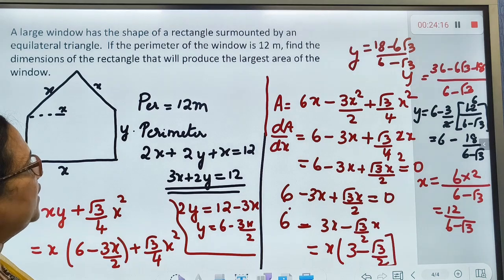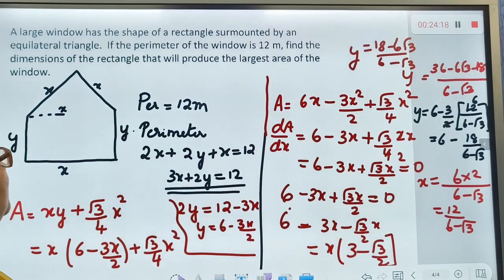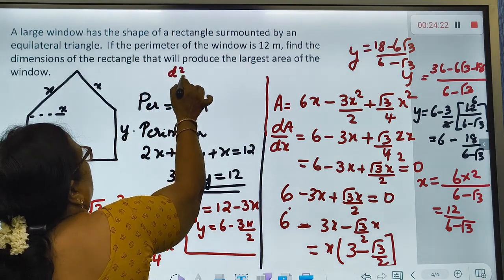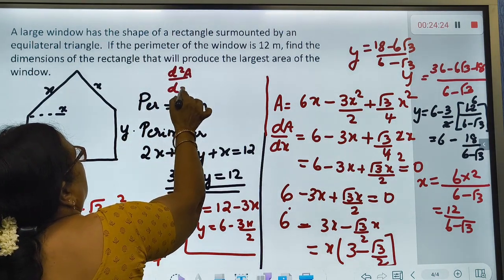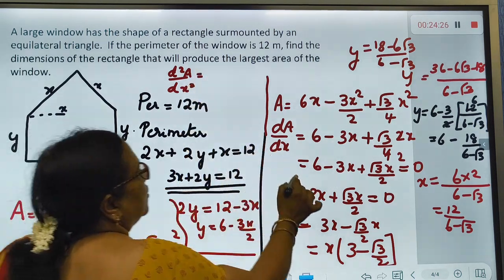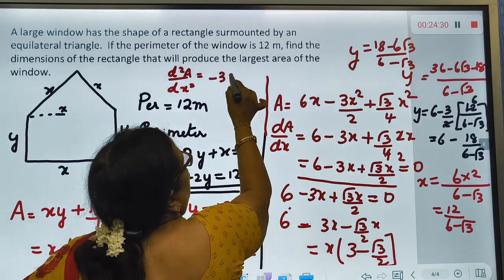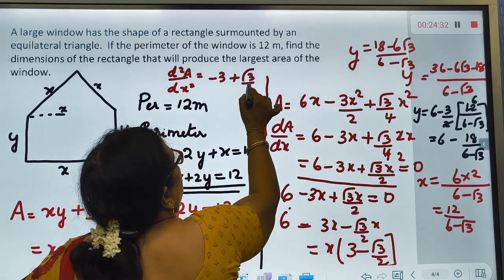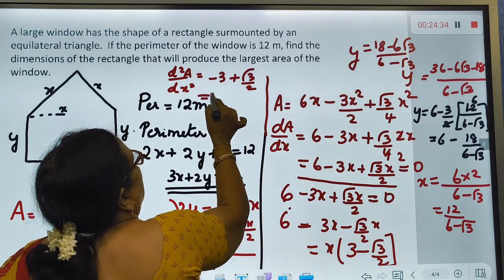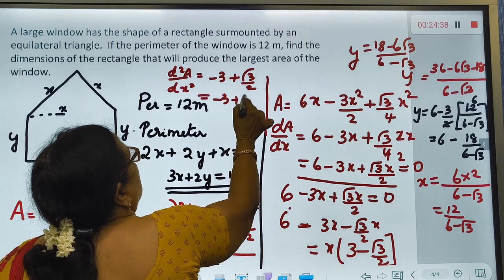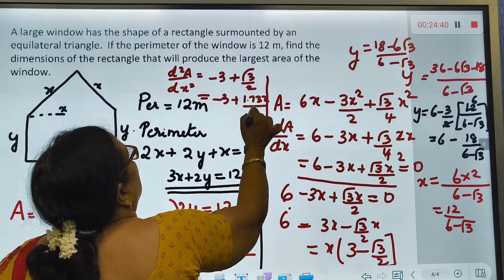Now what about the second derivative? What else is left now? We have to check the sign of the second derivative. What is d square A by dx square? You have to differentiate this: minus 3 plus root 3 by 2, which is less than 0, because minus 3, root 3 is 1.732 by 2.